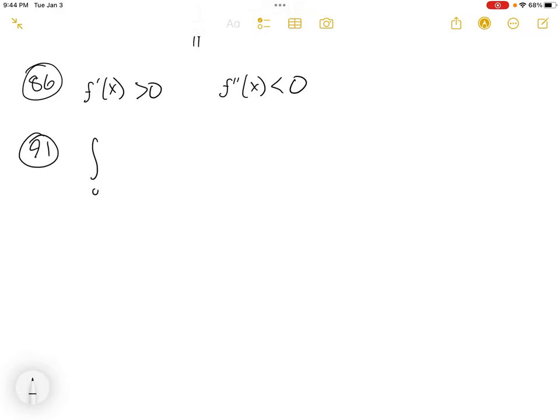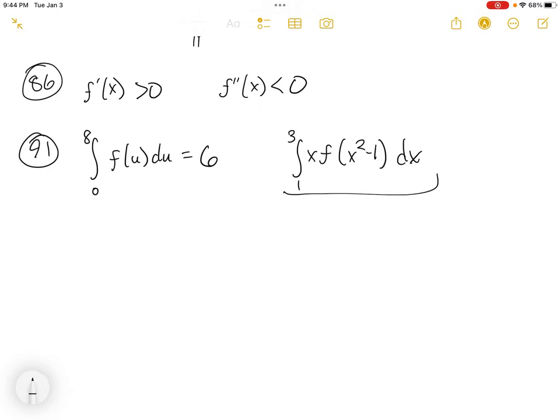So, we're looking at this integral from 0 to 8, f of u du, where the integral of f of u is 6. But, we've been doing this for a while. And so what is this expression? Yikes. Well, if you were presented with this expression, you'd want to use u substitution, right?